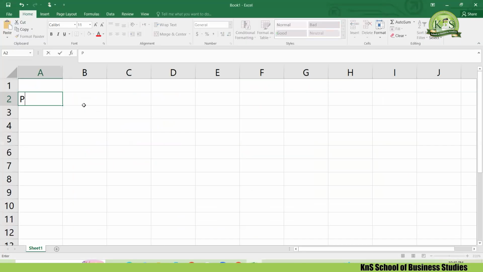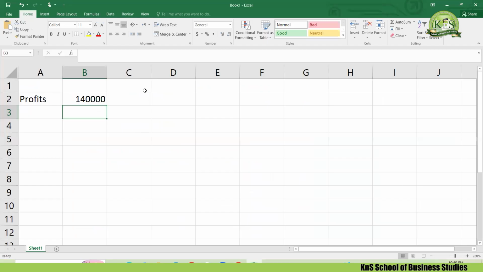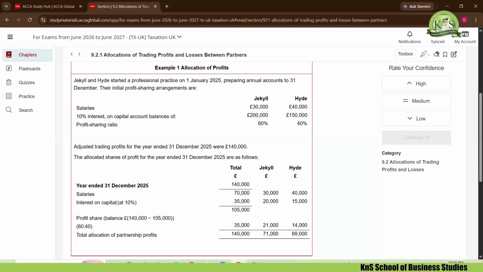Now I'm also writing it down over here in my way that 140,000 is the total and this is supposed to be allocated. Now they are getting salaries of 30 and 40. So this is for Jekyll, this is for Hyde, and they are taking their salaries, which is 30,000 and 40,000. Then next, interest on capital.